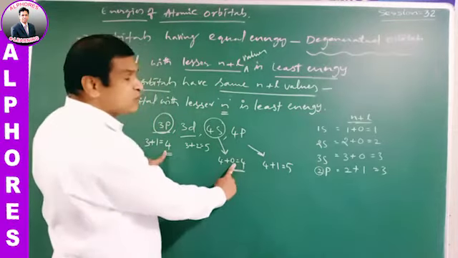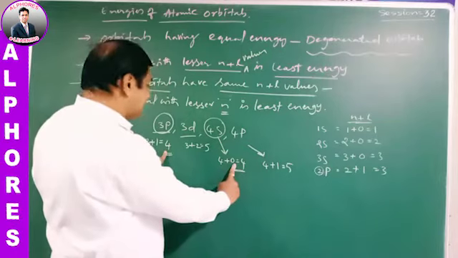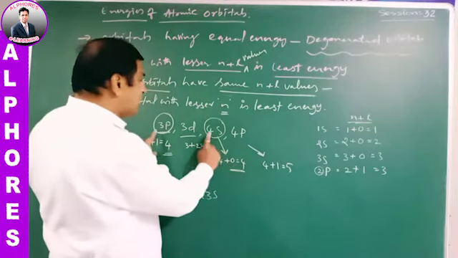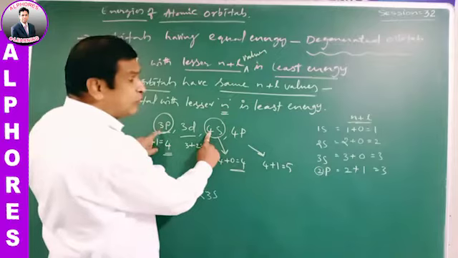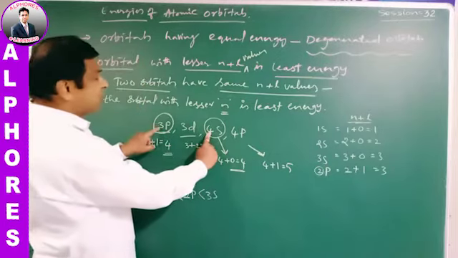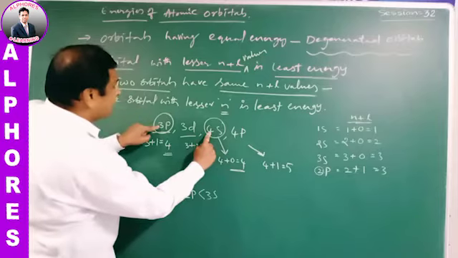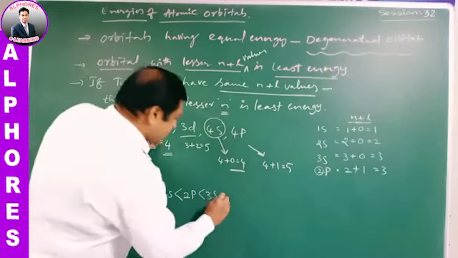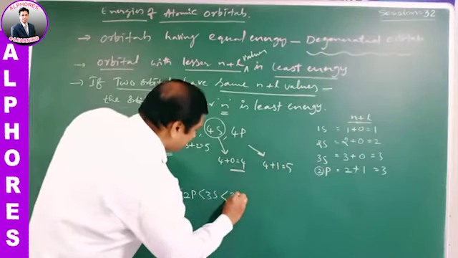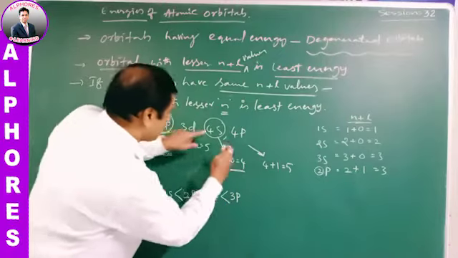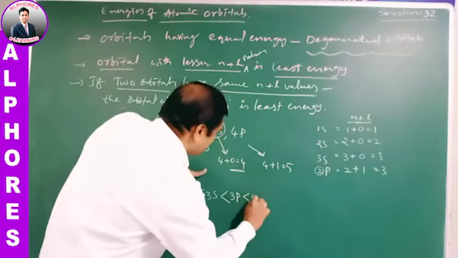When two orbitals have the same n plus l values, the orbital with lesser n value, that is 3p, has the least energy. So 3p orbital has lesser energy than 4s.